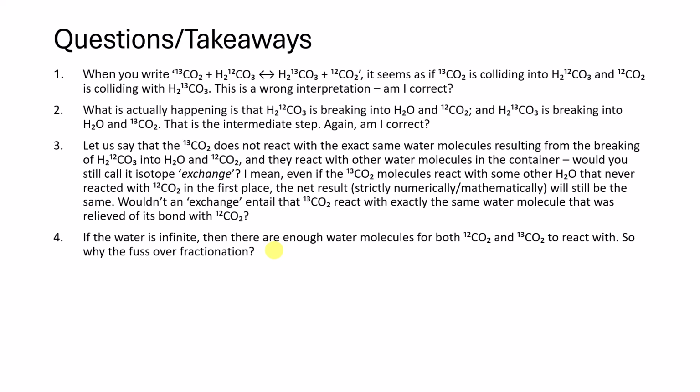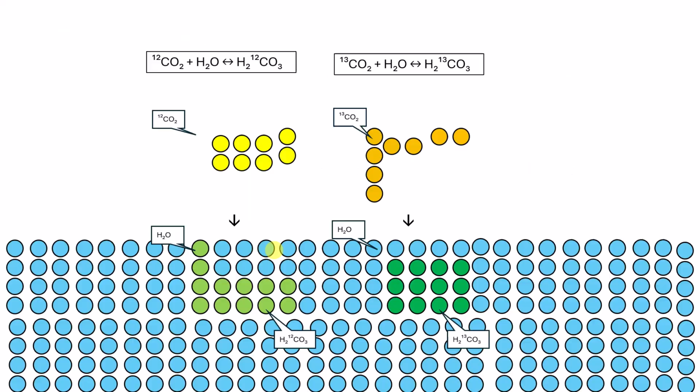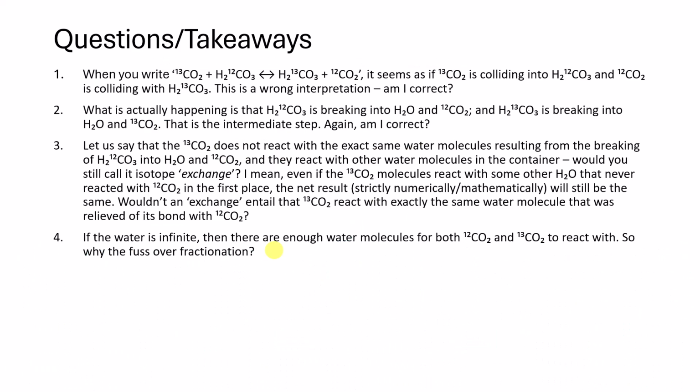Now, that is a plausible explanation if the number of seats is indeed limited. But over here, there was enough water, there were enough seats for everyone. So what's the fuss over fractionation if there's really enough for everybody?